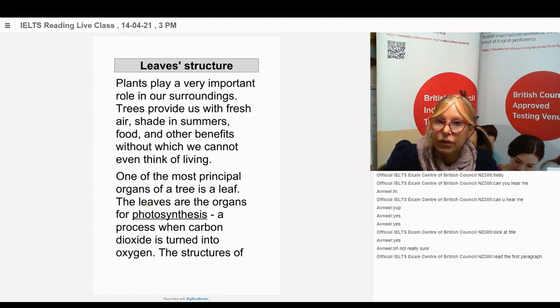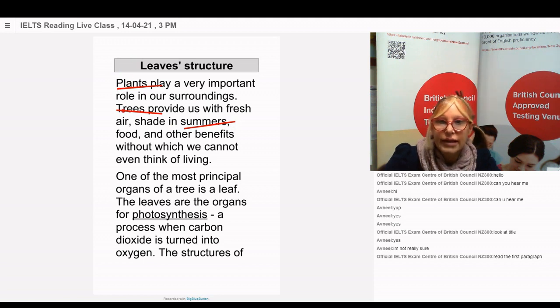So for example, here's a word here, plants. Okay, then we've got trees. We've got the word summer. So any of those words you will probably know, right? Plants or trees. Yes.